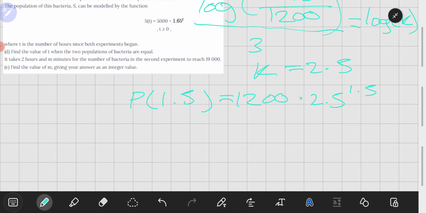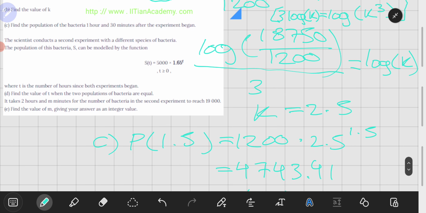So when we compute this answer, we should find that our population size is 4,743.41, which we can just round to be 4740. Okay, that is our population size at 1.5 hours after the experiment began.